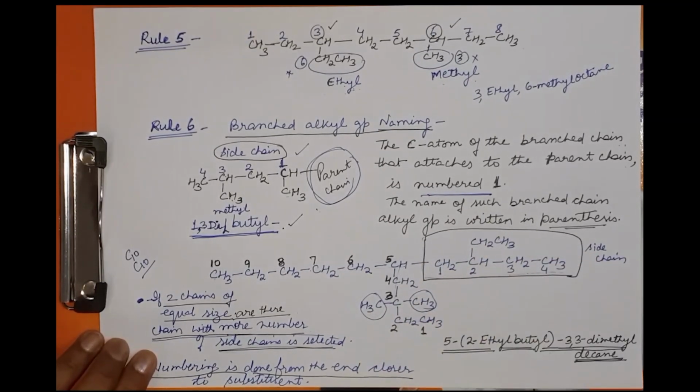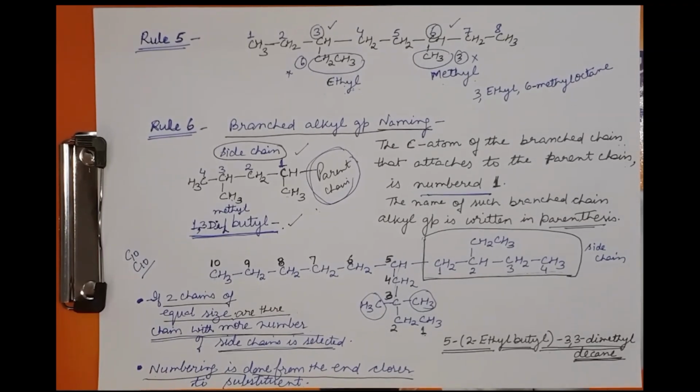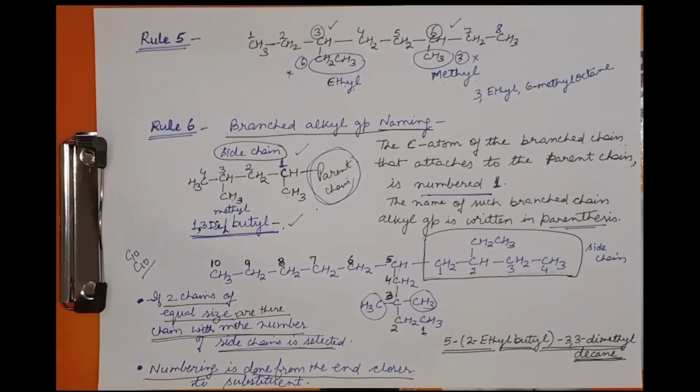So 3 side chains are there. So we will select this as the parent chain. Numbering is done from the end closer to the substituent, so we start from this carbon, because it is closer to the substituent. 1, 2, 3.